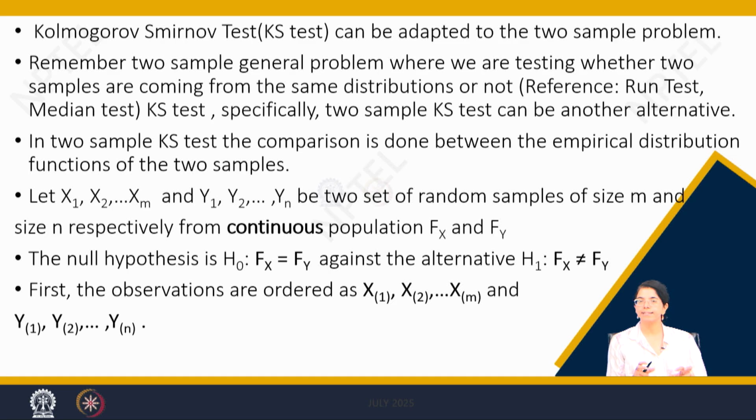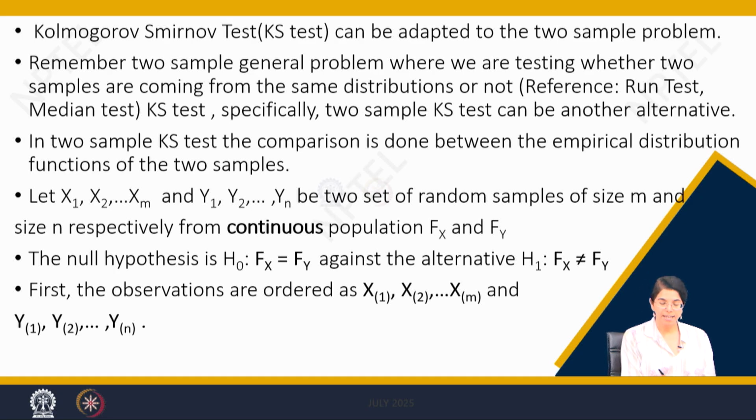Already you have gathered the idea related to the empirical distribution function. So now instead of one, we'll have two empirical distribution functions, because of the presence of the two samples. Let x1, x2, ..., xm and y1, y2, ..., yn be two random samples of size m and size n respectively from continuous populations having distribution functions Fx and Fy.